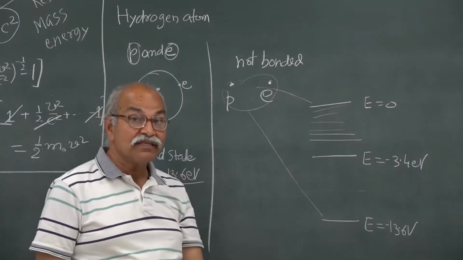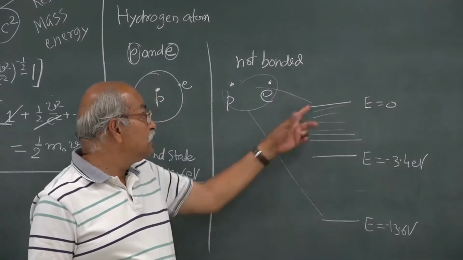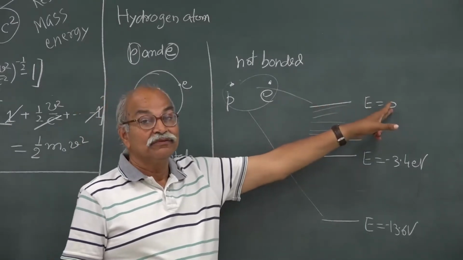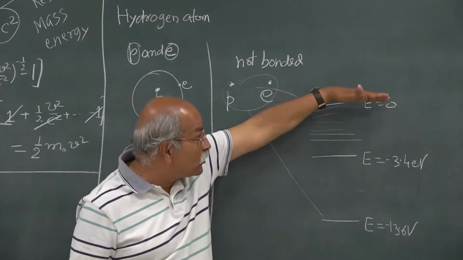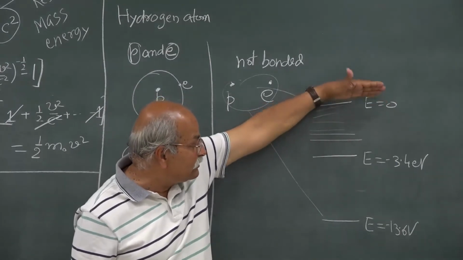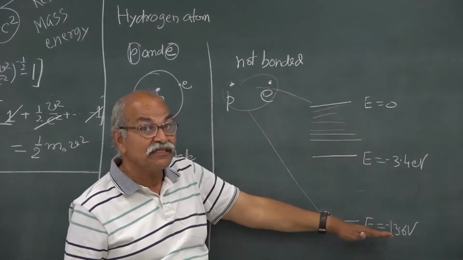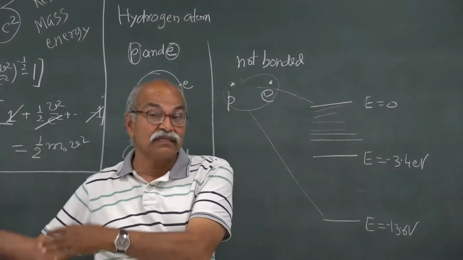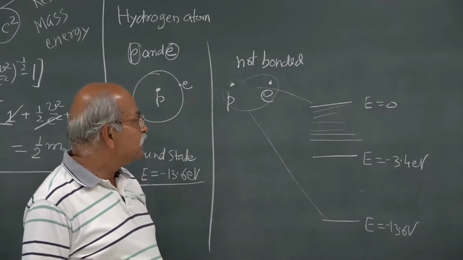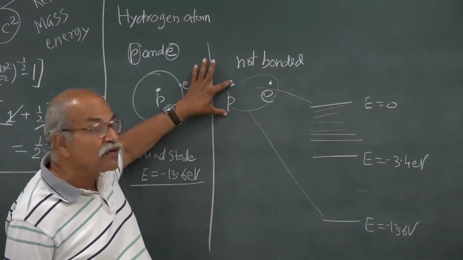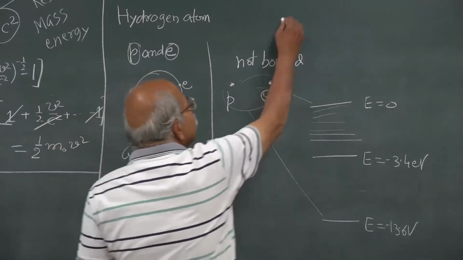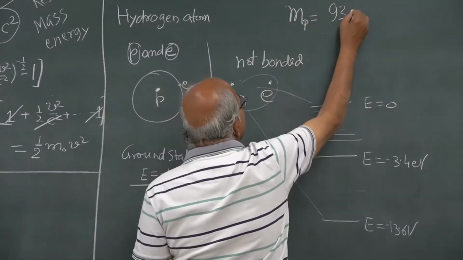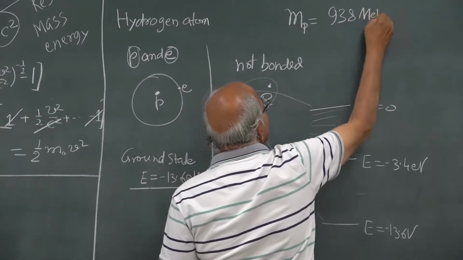The rest mass energy of this combination is not 0. We say that if I call this E equal to 0, then this is minus 13.6 eV. But when we consider these equations, the relativistic phenomena, we will say that the proton had some rest mass, right? The proton had some rest mass which is about 938 MeV by c square.